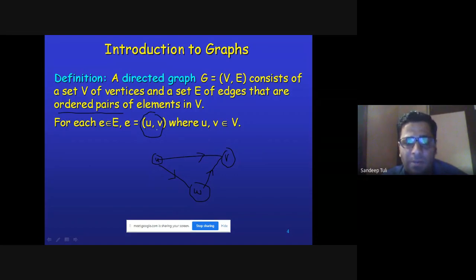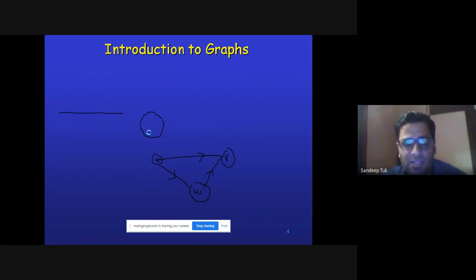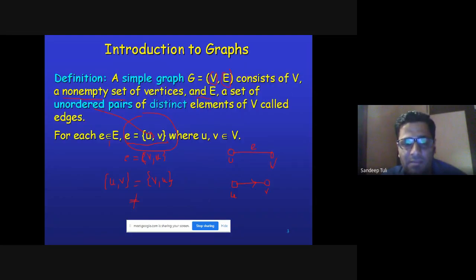This pair is an ordered pair now. I cannot replace it with v comma u if it is ordered. But in the case of unordered, I can replace it with v and u. That is what unordered means. The terms unordered and ordered are used for the pair, but direction is used for the edges.